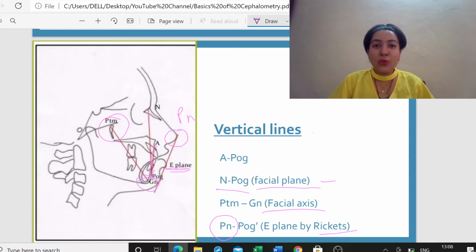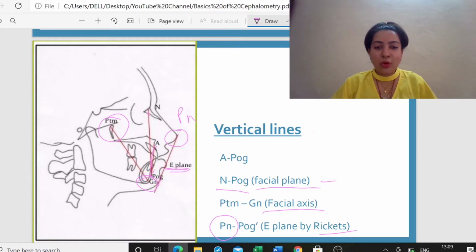They came up with their own set of analysis, and these analyses consist of landmarks. Landmarks are joined together to make a plane, and when planes intersect we get angles, and based on this we analyze the situation of a patient on a lateral cephalogram. Okay, so these four vertical lines are something which you have to be extremely thorough with. These are extremely important.